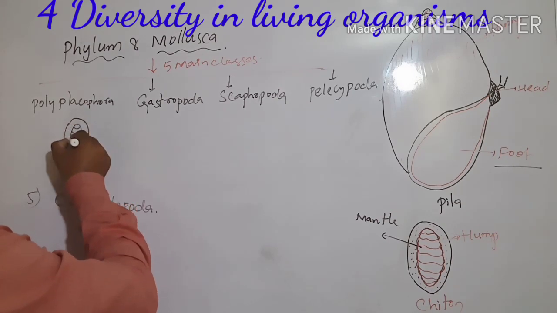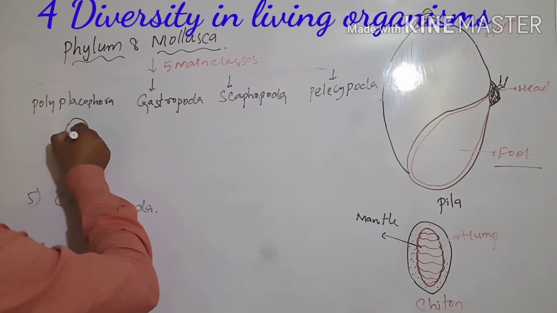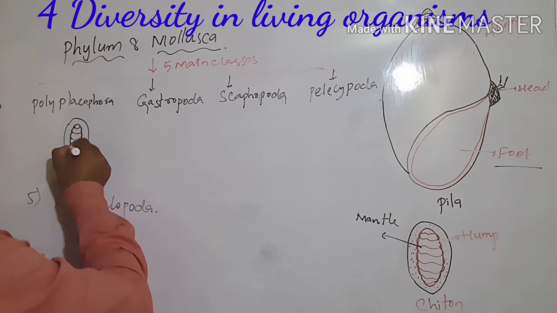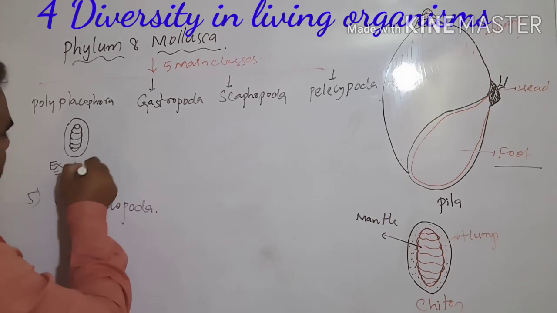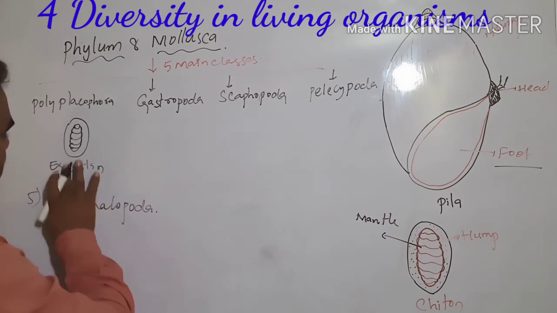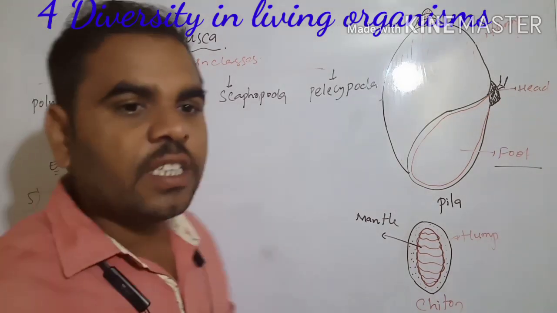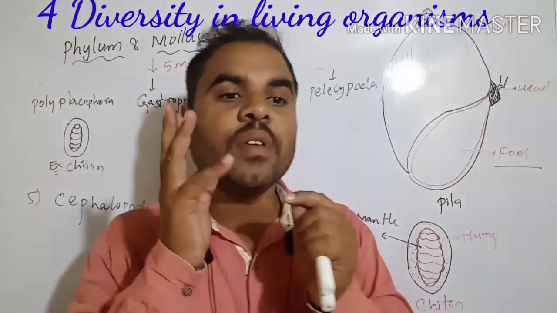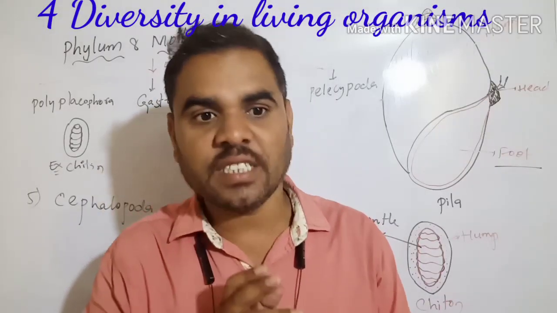We have already done this diagram. The shell is composed of 8 calcareous pieces.